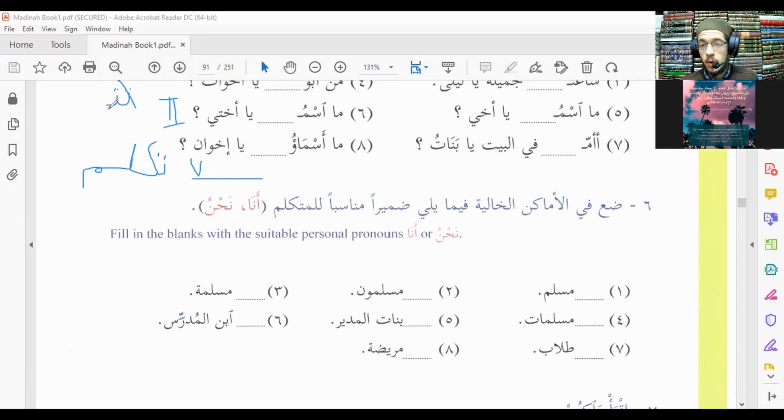So it's actually a mudari verb, a present tense verb. But for phonetic reasons, the repeating ta, the first ta is deleted. Tanazzalul malaikatu war ruh. Okay, so this is that form. Takallama is actually, that ta is not part of conjugation. It's not a mudari verb. This is actually a past tense verb, the madi form. Takallama.